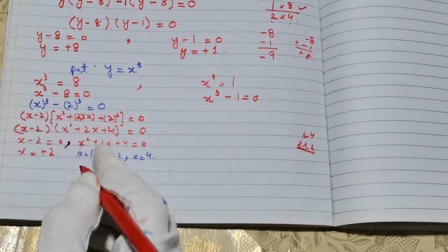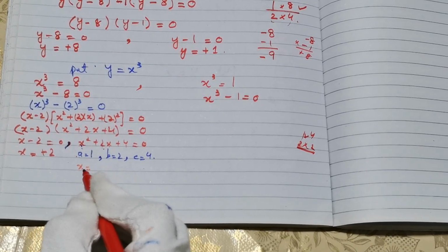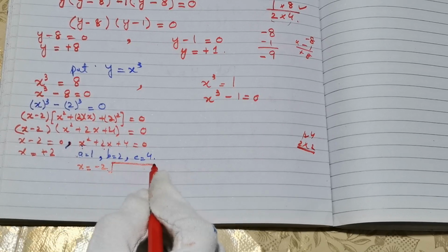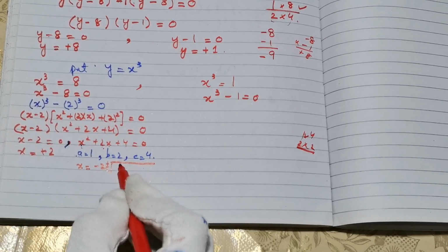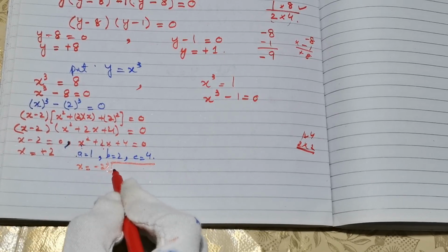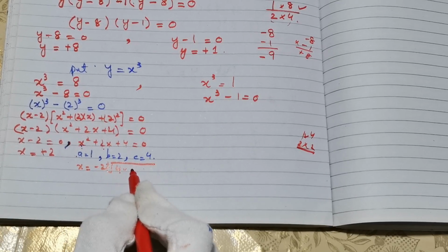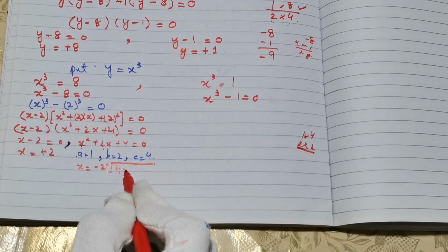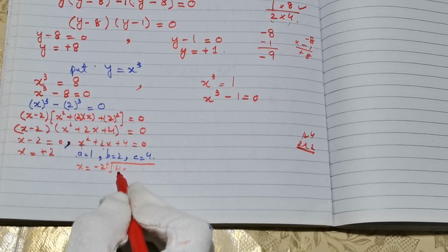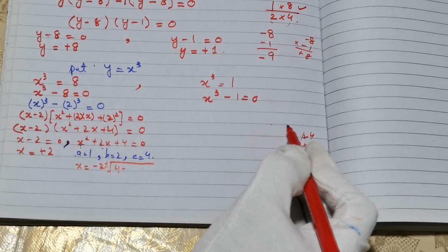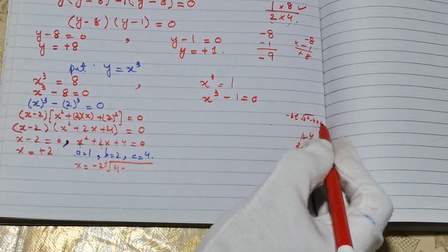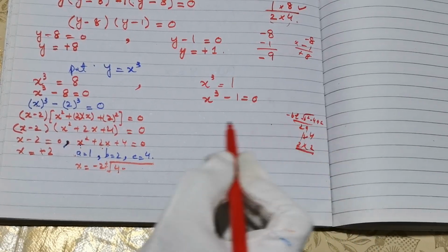Now we will directly put in the quadratic formula: x equals minus b plus minus the square root of b squared minus 4ac, over 2a.